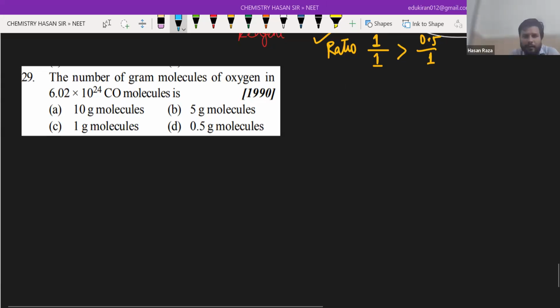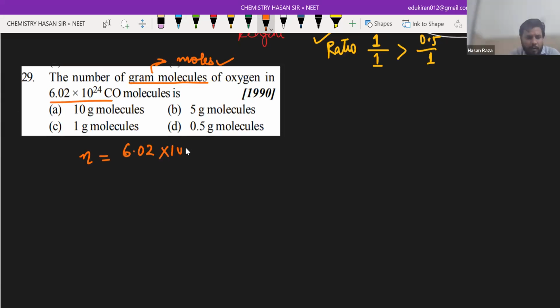See, it's very easy. First of all, you have to understand what gram molecule means. Gram molecule is basically indirectly asking for number of moles. You need to calculate number of moles. Number of moles is equal to, you can see molecule is given, so given number of particles upon Avogadro number. Avogadro number is 6.02 into 10 raised to the power 23.